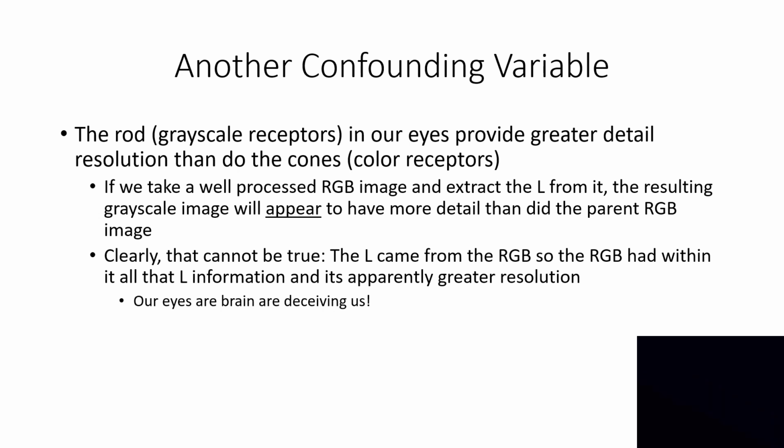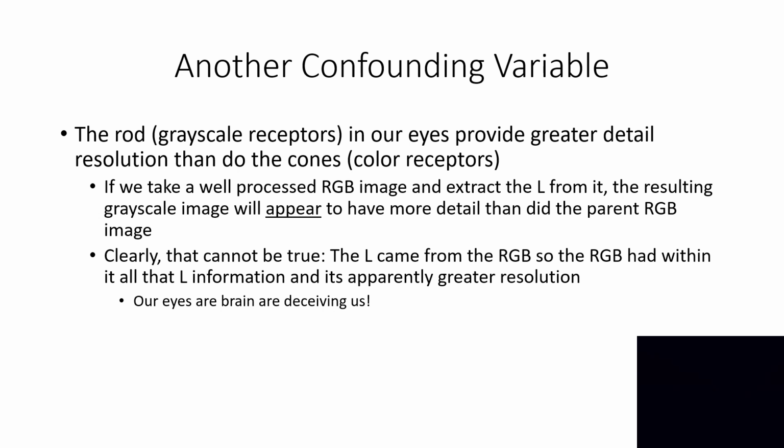But there's another attribute too, another confounding variable in this whole thing, and that is that the rods in our eyes can see greater detail than can the cones, the color receptors. If we take a well-processed RGB image and extract the L from it, that is, translate it into a different color space, adding or subtracting nothing from it, and then we look at that L part of that different color space, perhaps the LAB color space, the resulting image, of course, is a grayscale image, and it will appear to have more detail than its parent RGB image from which it was wholly derived.